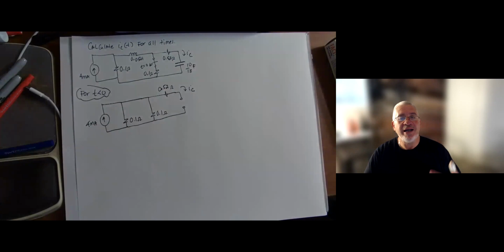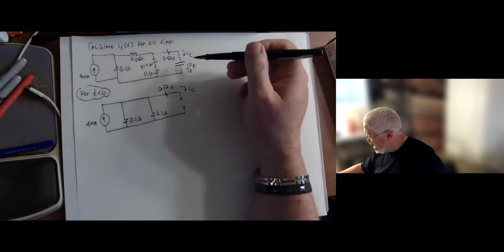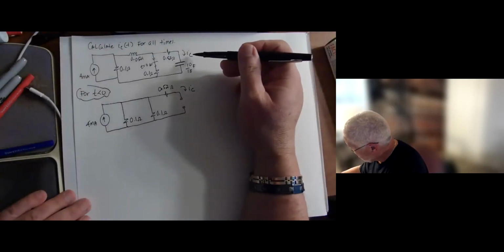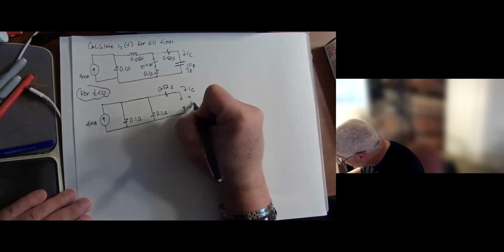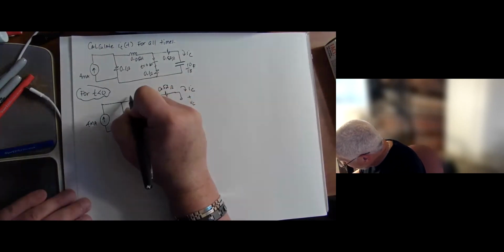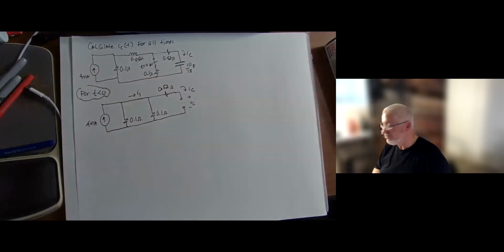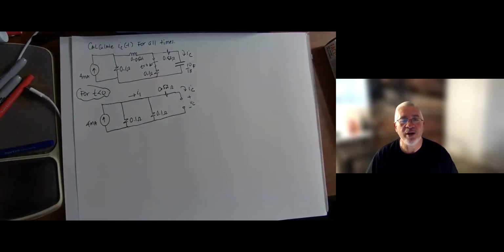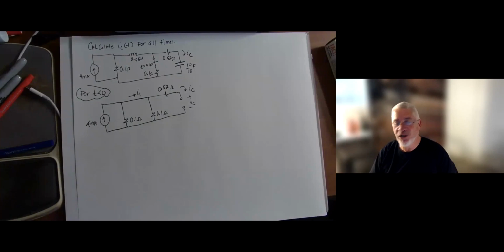If you follow my discussion from the previous recap, even though I'm only asking you to calculate the current IC, I need the capacitor voltage, which I'll call VC. I also need the current in the inductor, which I'm going to call I1. I need those because they are my initial conditions.